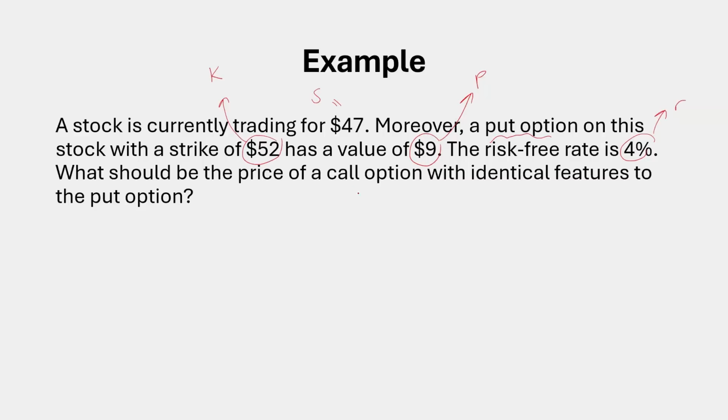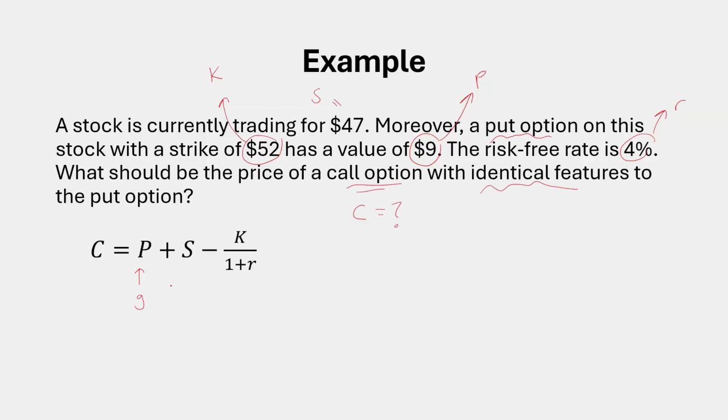So the question asks us, what should be the price of a call option with identical features to the put option? So with the same exercise price and same expiration date. So essentially, we are trying to solve for C. And we can now use our put-call parity equation. We have all the inputs that we need.